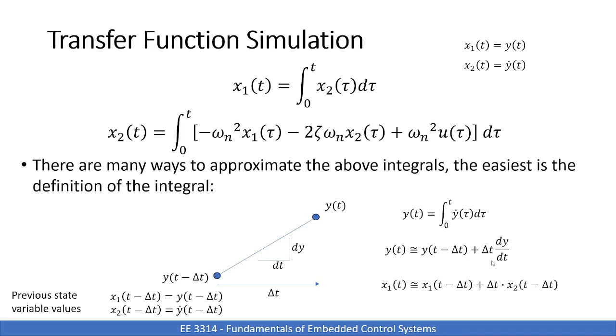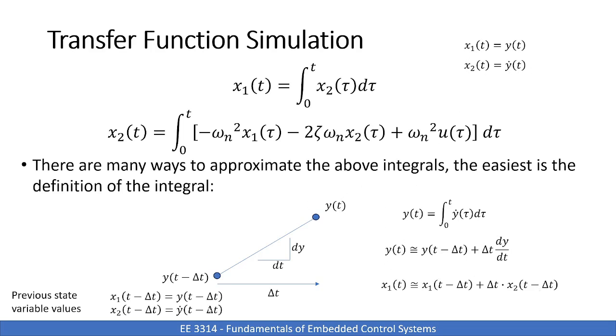Okay. All right. So in this case, for a state variable x1, you can think of this value as being approximately equal to the previous value of that state, which would be this dot down here, plus our time step times that previous value, x2 of t minus delta t, where x2, remember, is the actual slope. Okay, x2 is the slope of our original state variable.